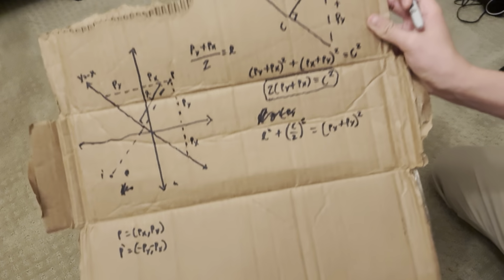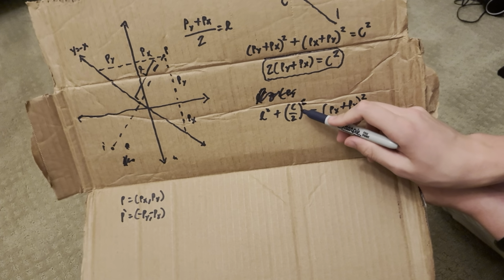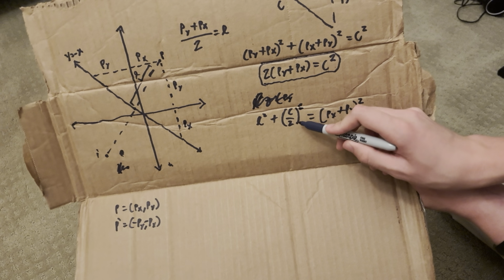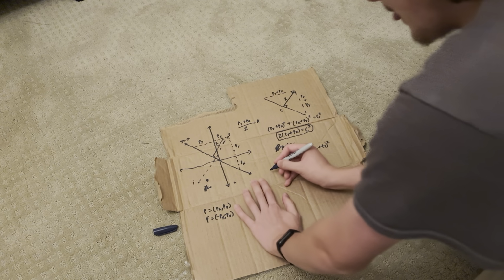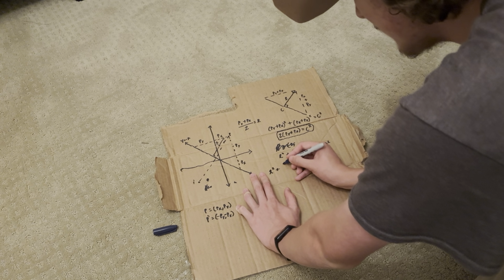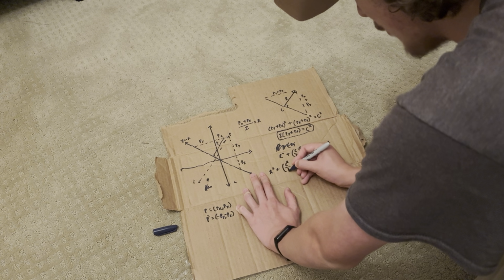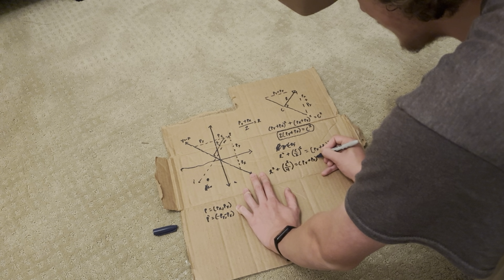Well, we know c squared. We know that this is c over 2 squared, meaning it's c squared over 4. So we'll just plug this in. So we get L squared plus c squared over 4 equals px plus py squared.